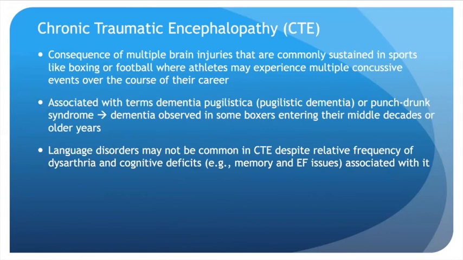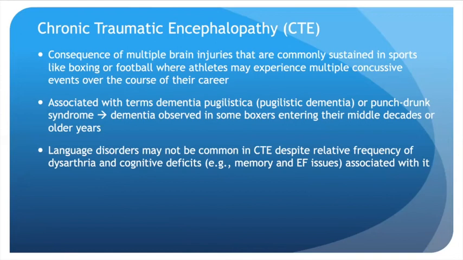Chronic traumatic encephalopathy, CTE. This is the consequence of multiple brain injuries that are commonly sustained in sports like boxing or football, where athletes will experience multiple concussive events over the course of their career. So this is associated with the term dementia pugilistica, or pugilistic dementia, or punch drunk syndrome, that's observed in some boxers entering their middle decades or older years.